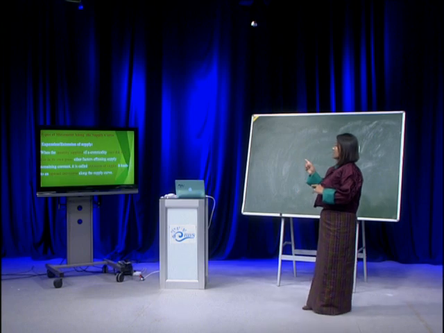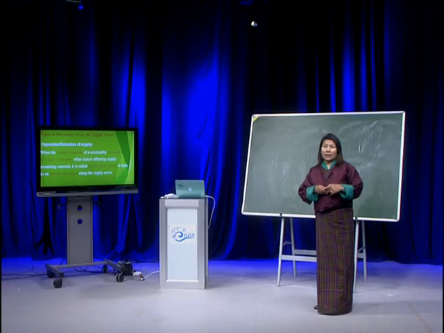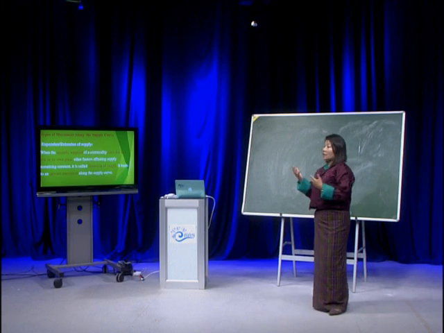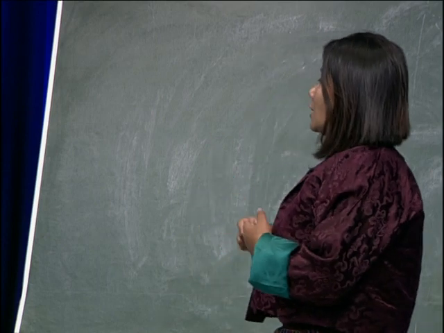Other factors affecting supply remaining constant. So we don't talk about the goals of the firm, nor do we talk about the input prices, because those were the factors other than price which affected supply. So it is called extension of supply.